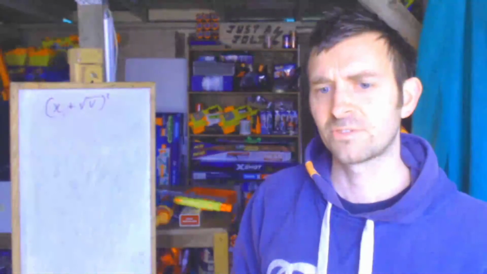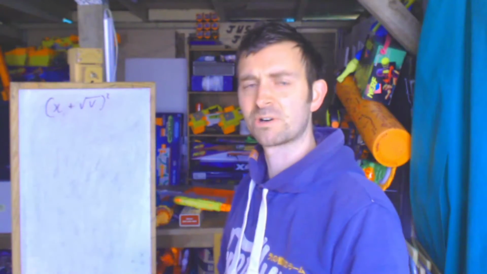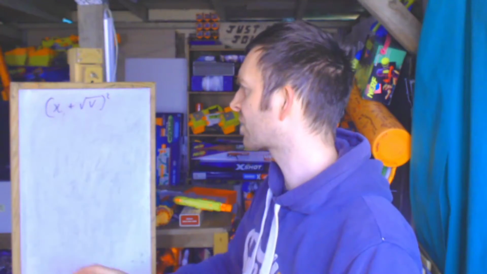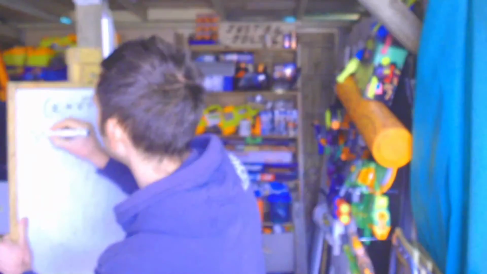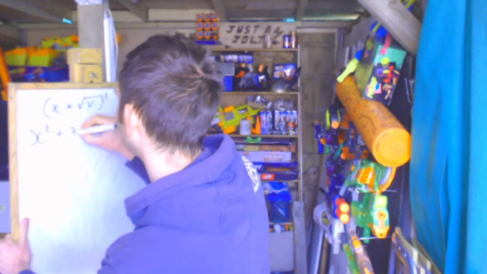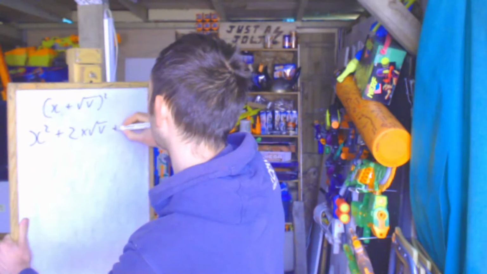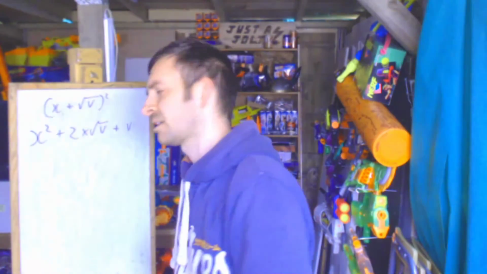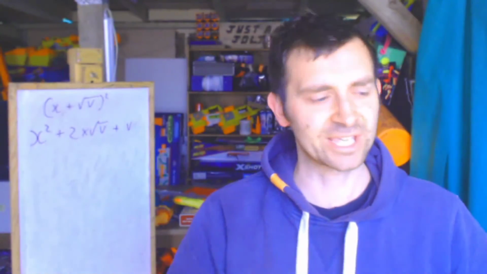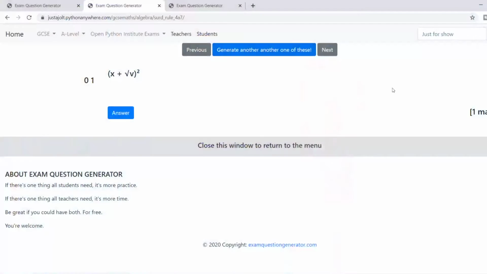This time we're going to go directly to our answer without going through anything else. So we're going to say that it's x squared plus 2x root v plus v, and that's our answer without doing anything else. Let's take a look and see if that's correct.